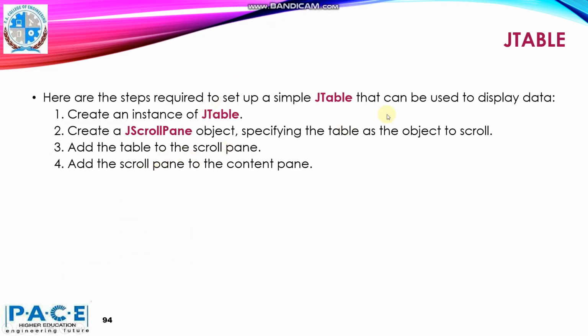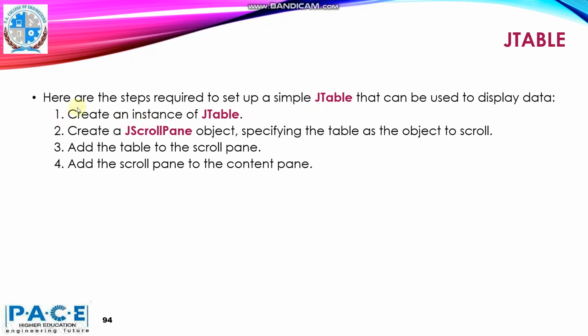The steps required to set up a simple JTable that can be used to display data are: first, we create an instance of JTable. To create an instance of the JTable, we need to specify the two arrays: the data array, which is two-dimensional, and the column heading array.